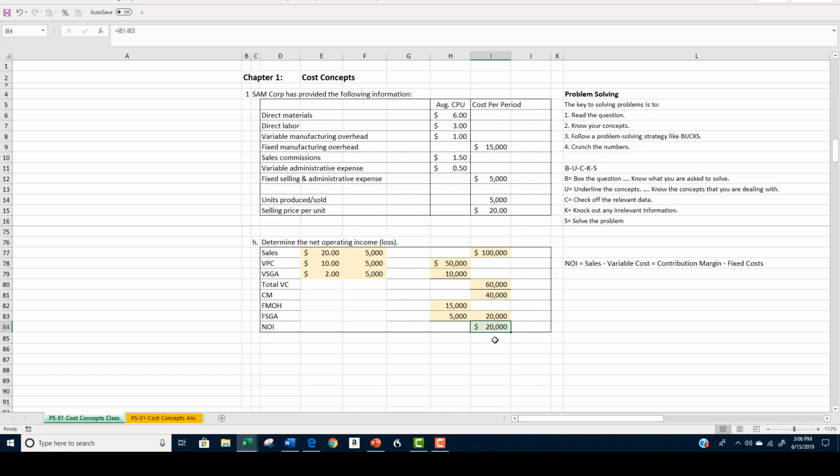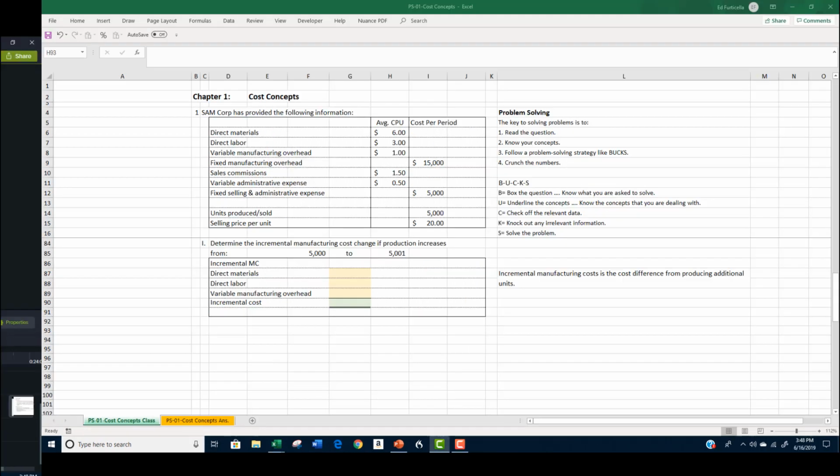You should note that you could have determined the NOI quickly by multiplying the contribution margin per unit of $8 by the 5,000 units sold to get a contribution margin of $40,000, and then subtracting fixed costs of $20,000 to get an NOI of $20,000.